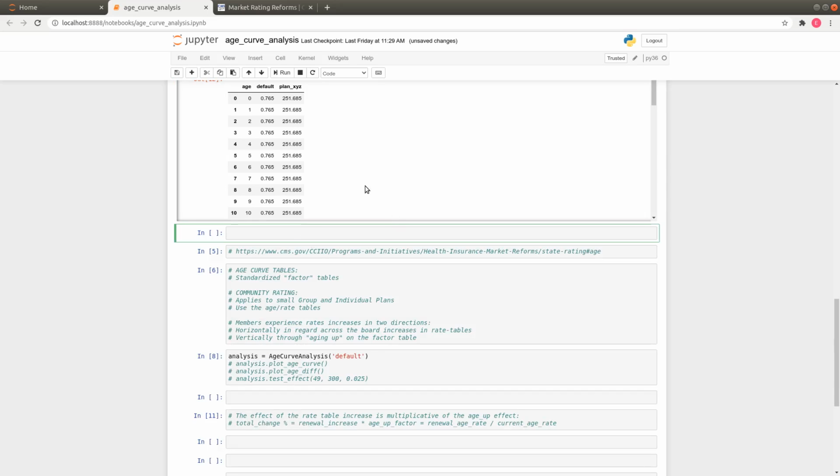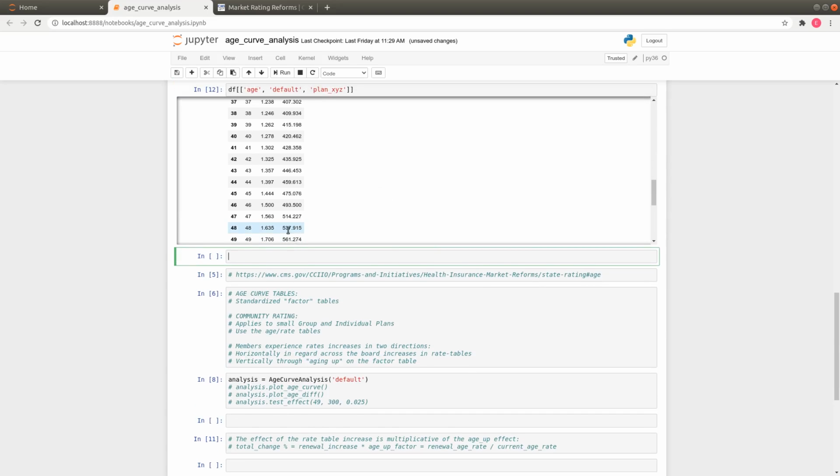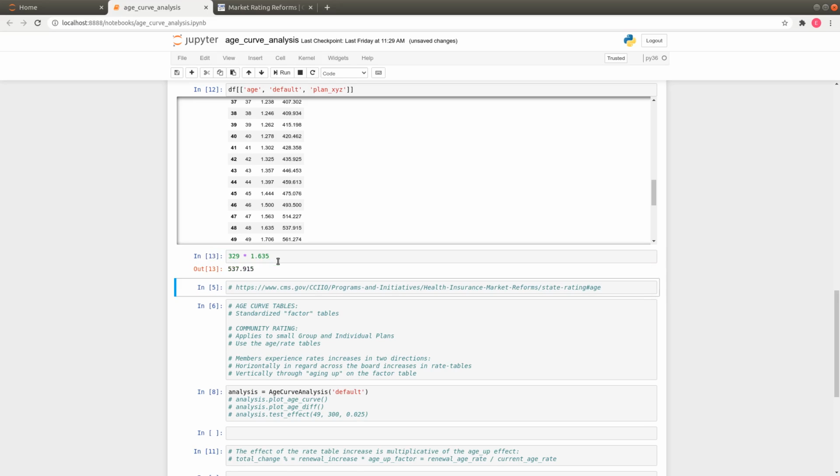And just to verify it so you can see the math in action, to figure out the age 48 rate, you would take the 329 and multiply it by this factor here, the 1.635, and we get 537.91, and you have the value there.